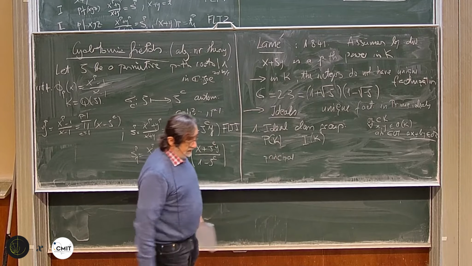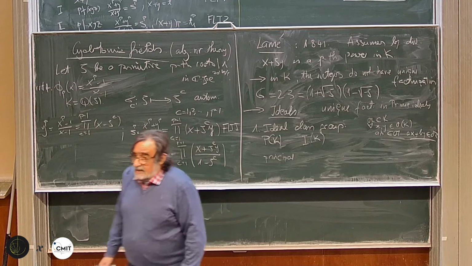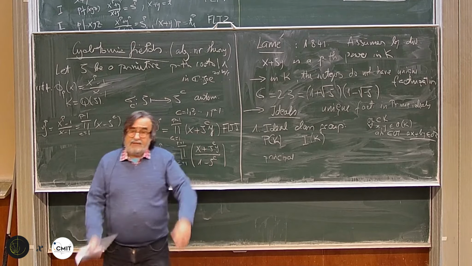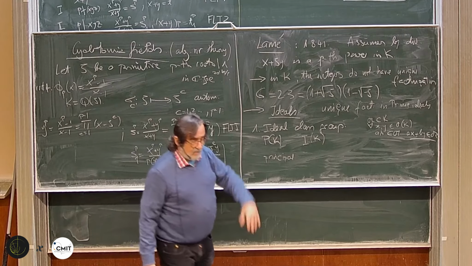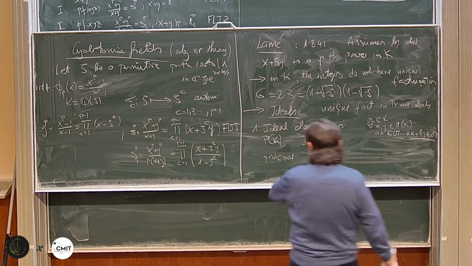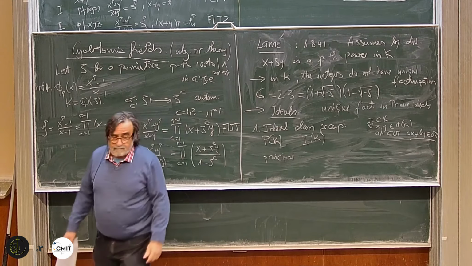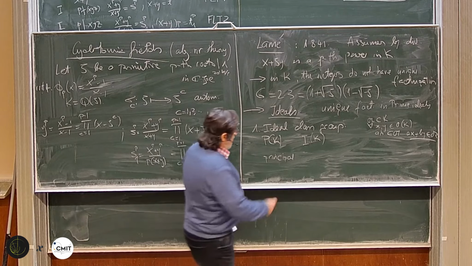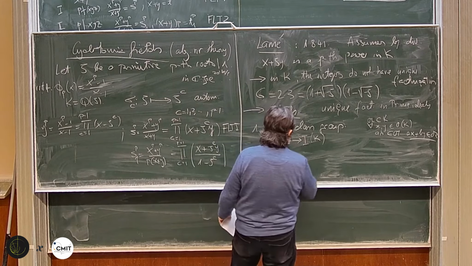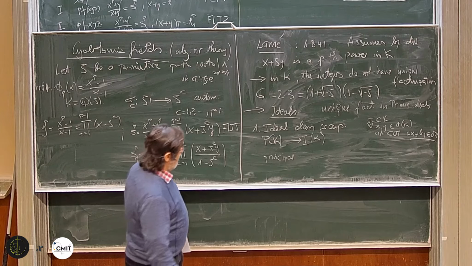The principal ideals are a subgroup of the ideals themselves. You take fractional ideals, you define quotients of ideals, and then you have a multiplicative group of ideals. Principal ideals are a subgroup, generated by one element. All the ideals are generated by not more than two elements.